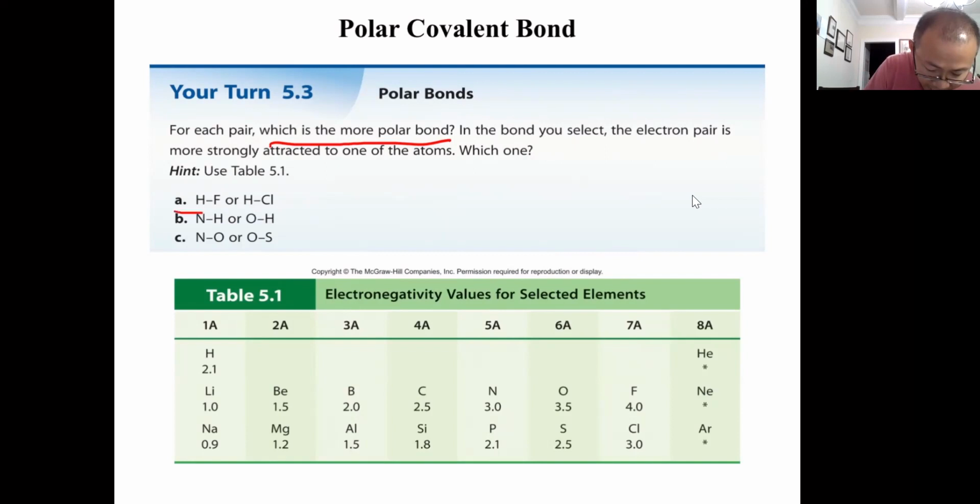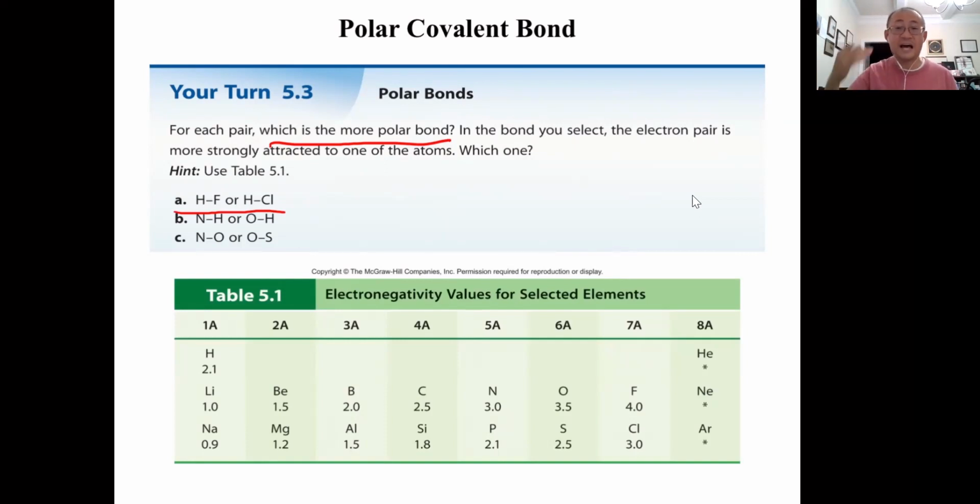For example, A asks you to compare the HF bond and the HCl bond. In this case, you don't even need the values, because if fluorine and chlorine are both bonding with hydrogen, we only need to ask ourselves which of fluorine and chlorine has greater electron activity. Fluorine is on top of the periodic table, and chlorine is lower than fluorine.